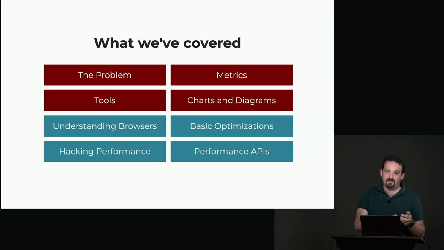We've covered basic optimizations, then a lot of other more hacky things to apply to move the optimizations further. And finally, a quick hint on performance APIs available in the client.